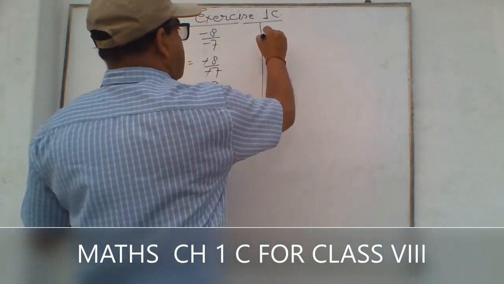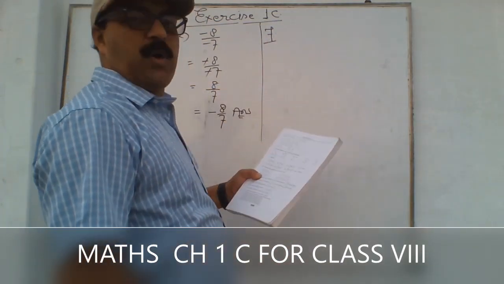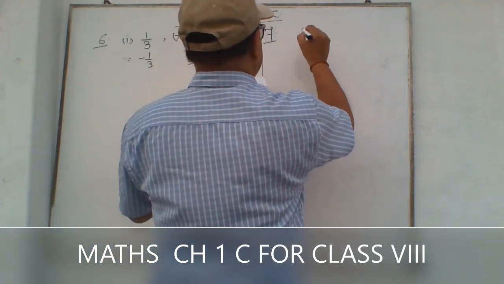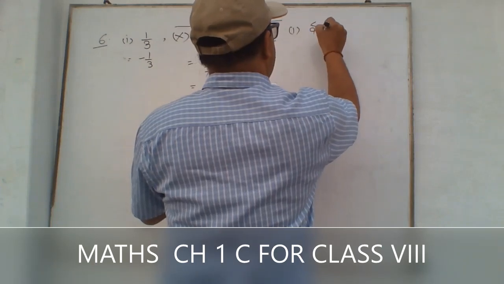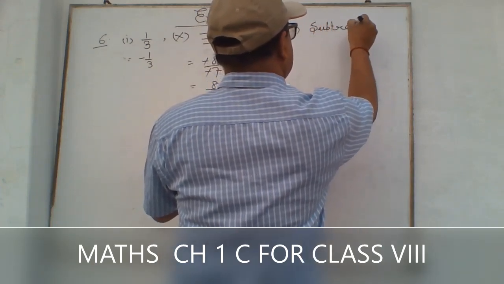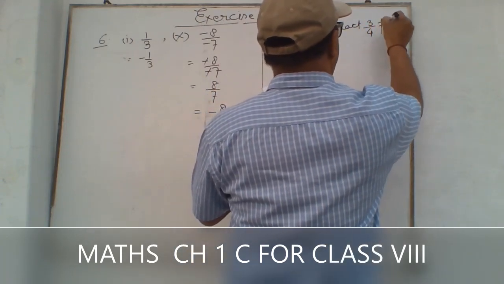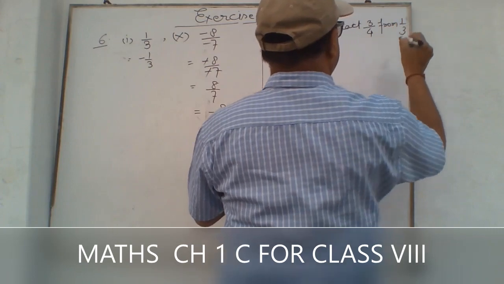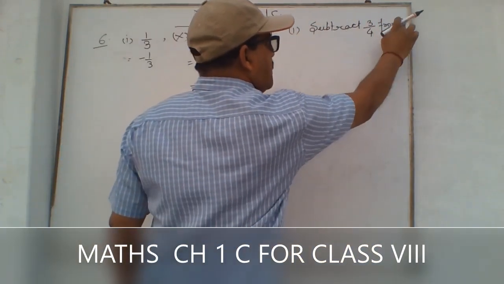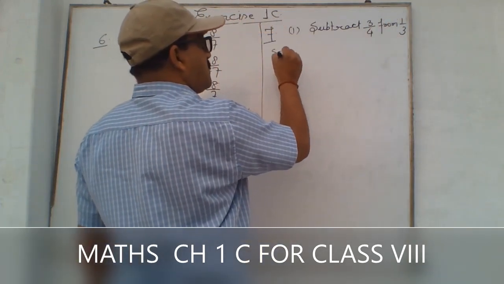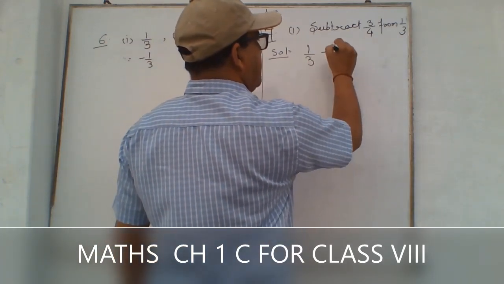In question number 7, subtract 3 by 4 from 1 by 3. When we read the question, subtract 3 by 4 from 1 by 3, then 1 by 3 will be written first and then the minus sign.